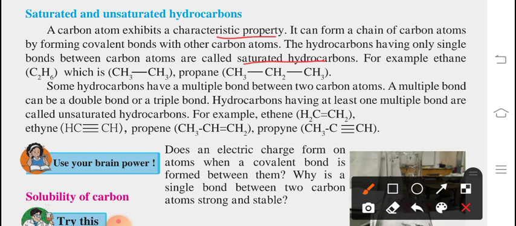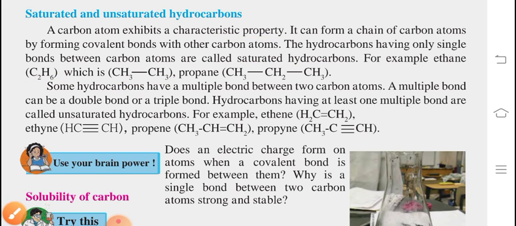For example, ethane, that is C2H6, which has a single bond. If you count the number of carbon and hydrogen, you will get C2H6. Then propane: number of carbon 3 and number of hydrogen 8, that means C3H8. So here you can observe single bonds.